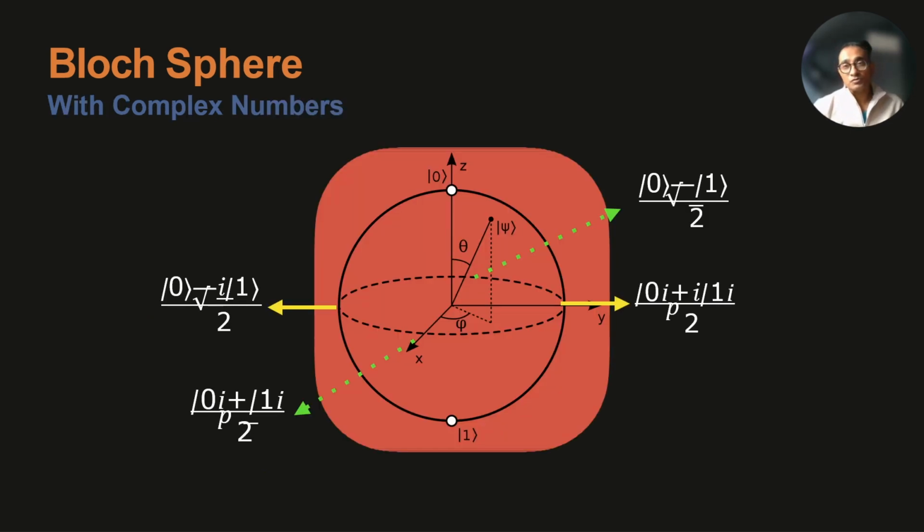To give you a glimpse of what it is like to consider a Bloch sphere with complex numbers, here you will see that the representation is a bit more complex than what we have seen in the previous slides. If you particularly focus on amplitudes which have a complex representation, on the plane of the Bloch sphere you will see that the phase shift is now represented a bit differently.